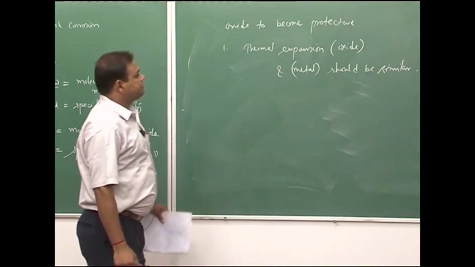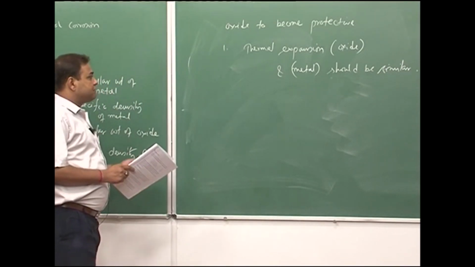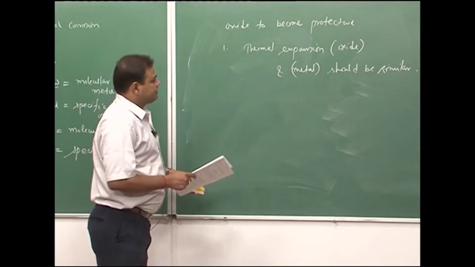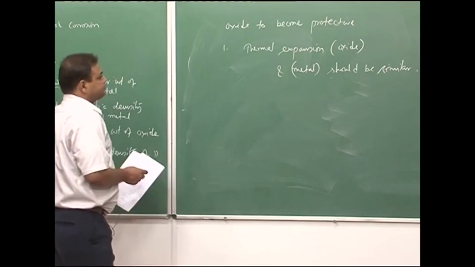If they are not similar, then there would be stress generation in the oxide, and oxides are generally brittle in nature. They will crack and expose the metal surface to the oxygen gas.